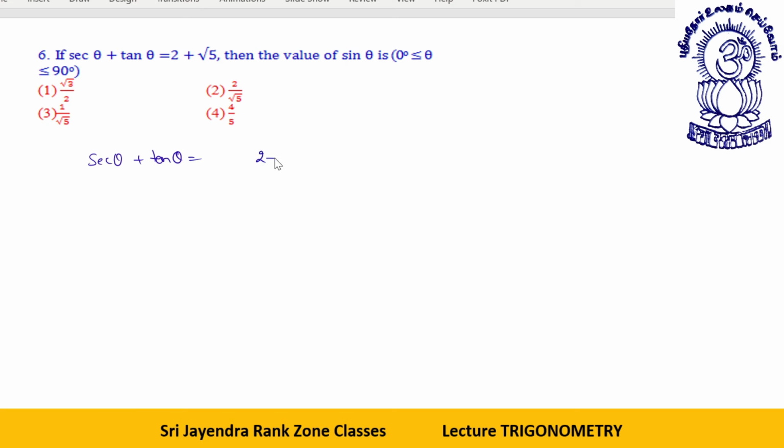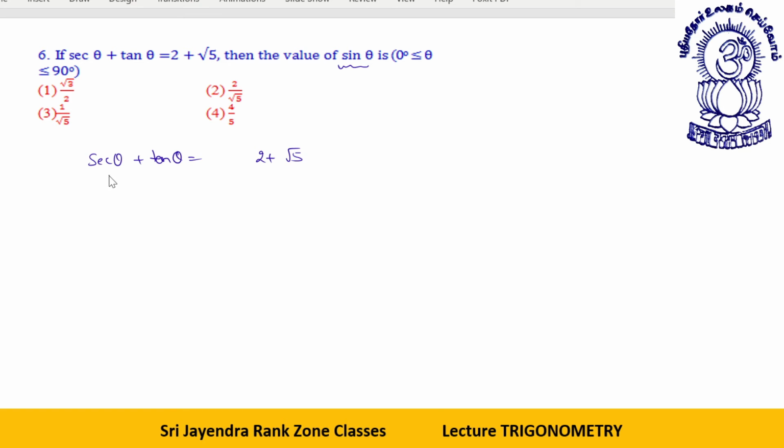You need to find the value of sine theta. I'll be happy if you do it before I do, if you can try it. I have already done a similar question in the previous classes. Fine, I will do it right now.